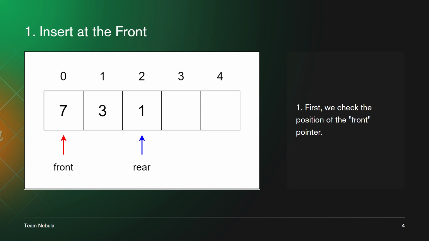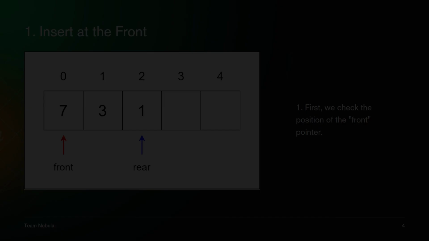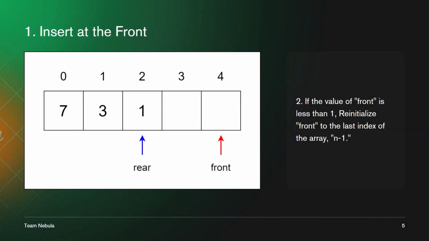Alright guys, now let's learn about the insert at the front operation in our circular array based dequeue. When we insert an element at the front of our dequeue, we follow these steps. First, we check the position of the front pointer. If the value of front is less than 1, it means we have reached the beginning of the array.